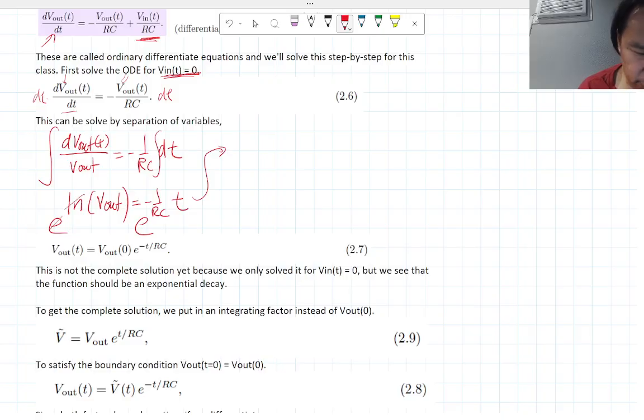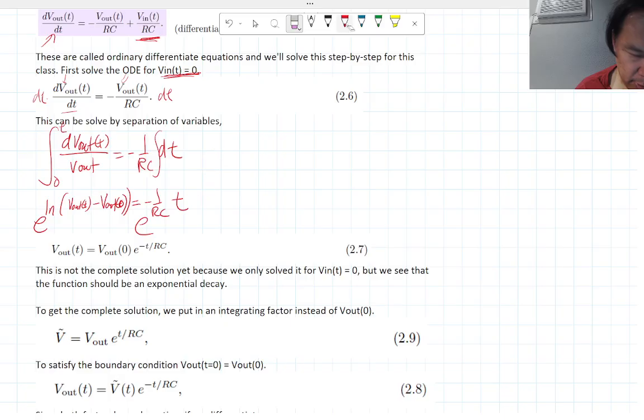So these cancel each other. So V out as a function of time is actually going to be, let's not forget, you're integrating from 0 to t. So this is actually, forgot about that, natural log of V out as a function of time minus V out at t equal to 0.